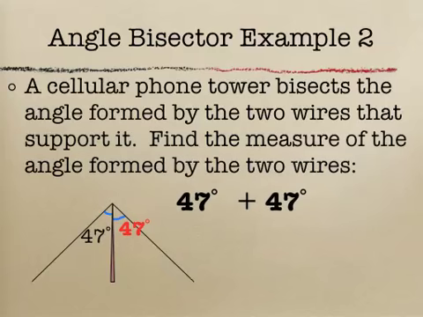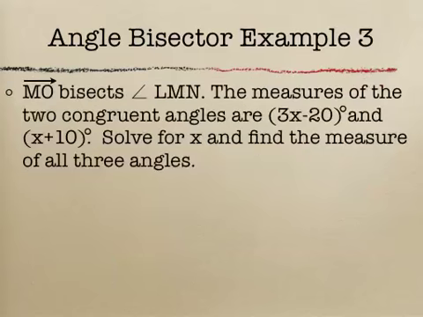To do that, we would need to add 47 plus 47. You could also do 47 times 2. It's the exact same thing. And when we do that, we find that the two wires create an angle that measures 94 degrees.